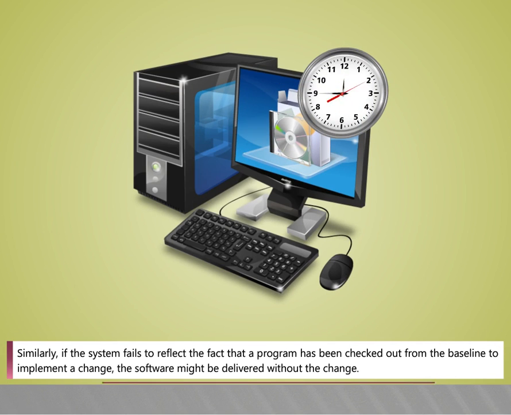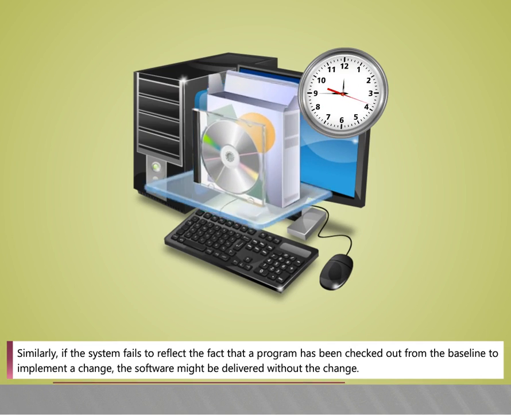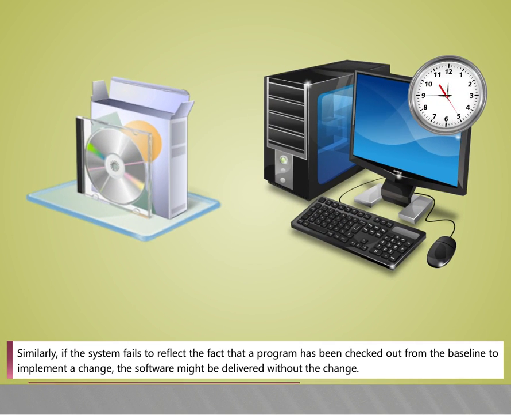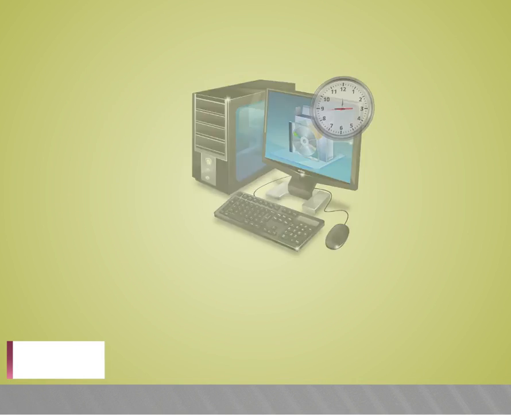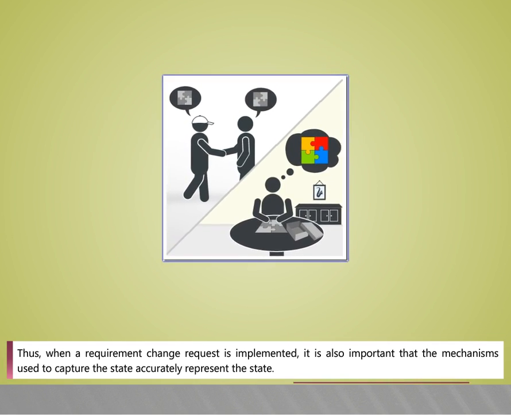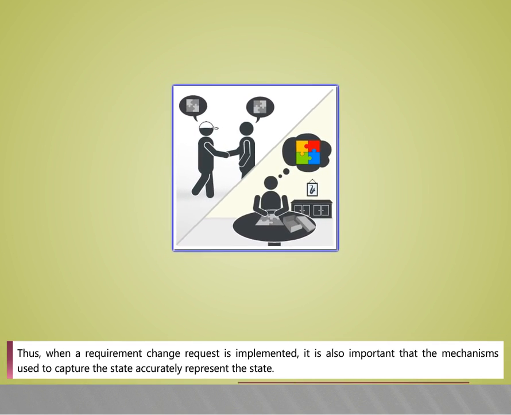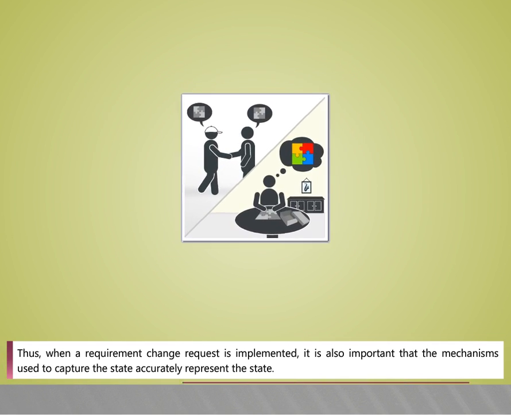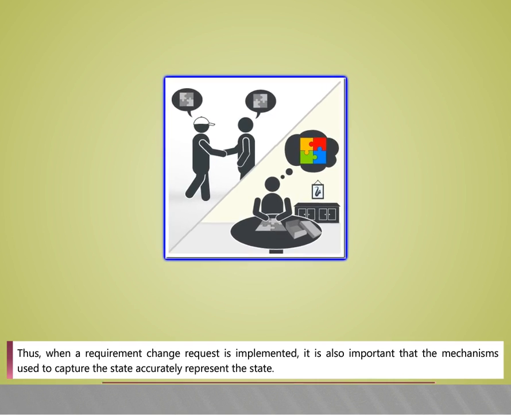Similarly, if the system fails to reflect the fact that a program has been checked out from the baseline to implement a change, the software might be delivered without the change. Thus, when a requirement change request is implemented, it is also important that the mechanisms used to capture the state accurately represent the state.